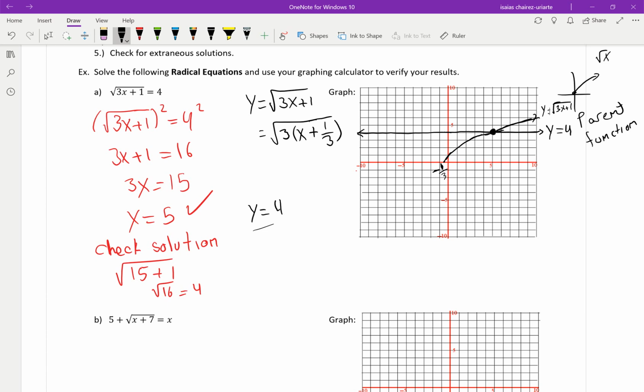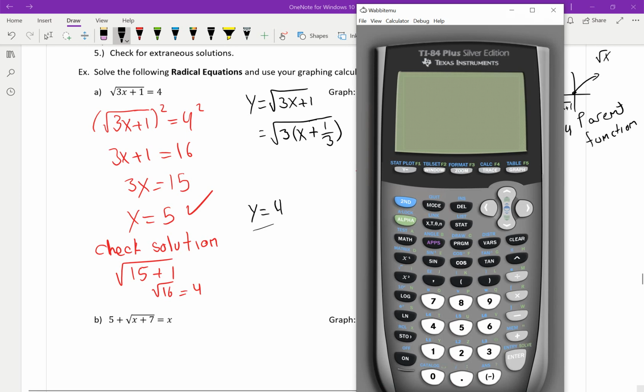I suppose we could also, actually I'll show you. In your calculator, one thing you could do is the following. I'm going to go to where I enter my functions, and I'm going to enter both of these functions.